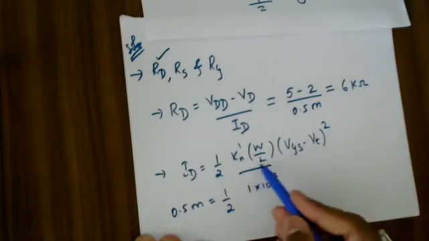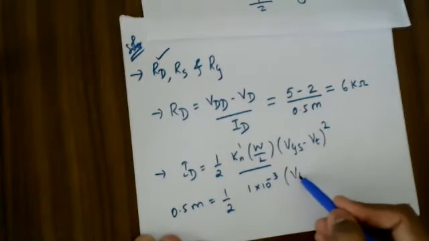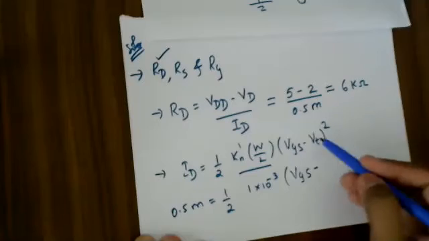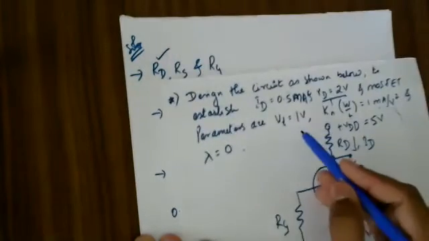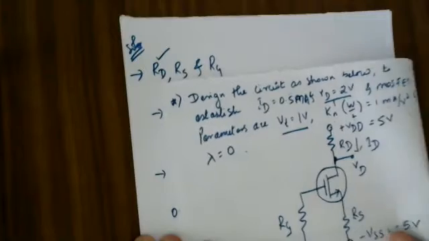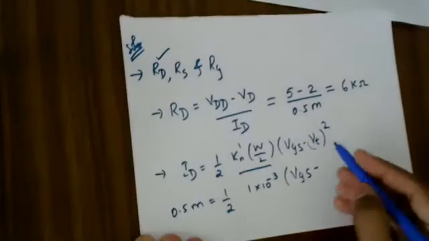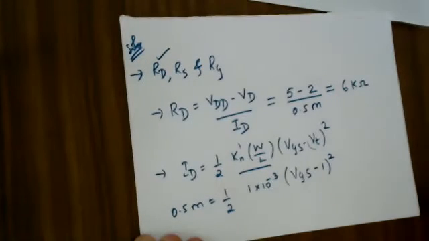So VGS minus VT, what's the value of VT? He has given us VT as 1 volt. So I can write this as 1 raised to square.